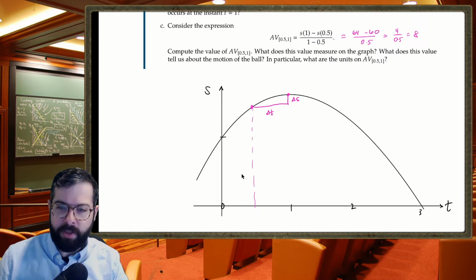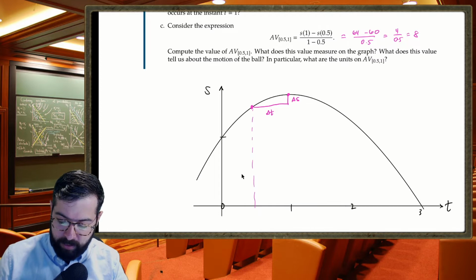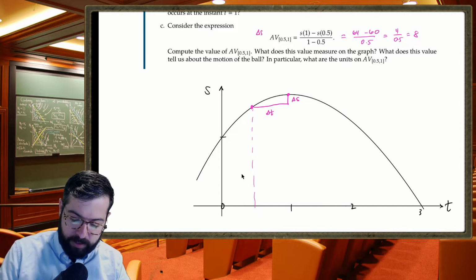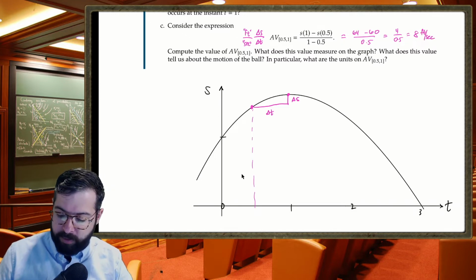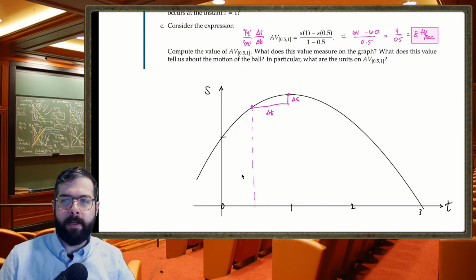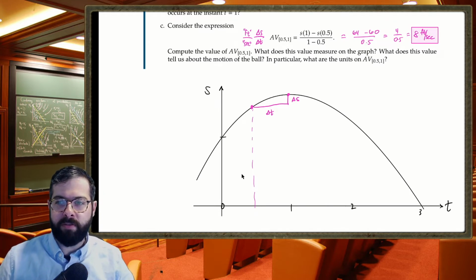Okay, and what are the units here? This is important. Well, the units bear the units of delta S over delta T. This is measured in feet, and this is measured in seconds. This is feet per second, which makes sense. What is the rate that the height is changing? That's going to be in feet per second, like miles per hour. It's a rate of velocity.